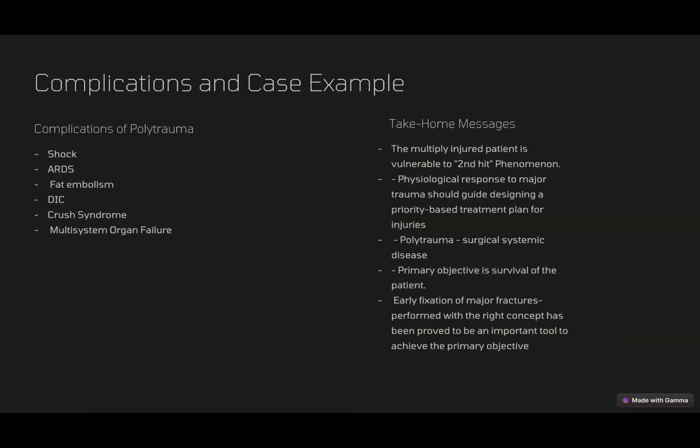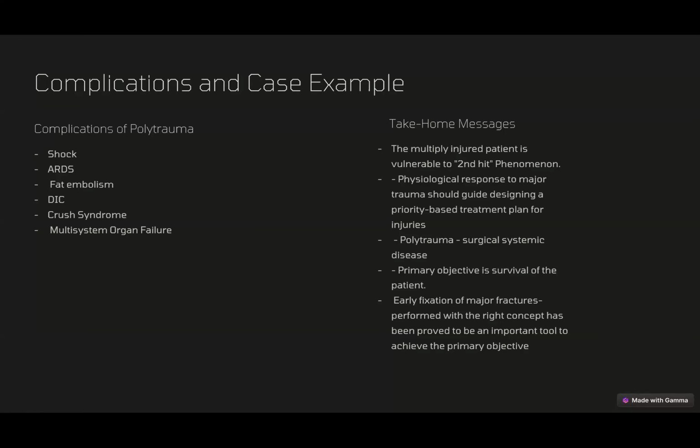Then thromboembolic events, because they're bleeding a lot at this point, so fat embolisms, DICs, then crush syndromes, and also another long-term complication is multiple system organ failure as a result of things like sepsis.